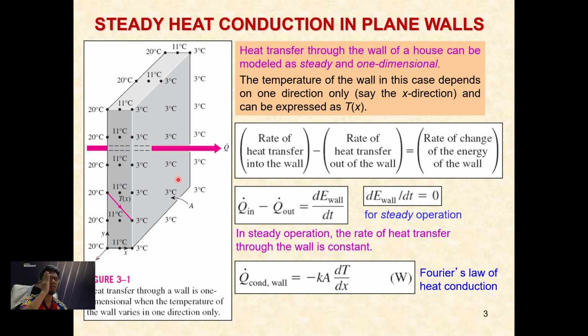Did you notice that it is evenly distributed? The temperature is distributed evenly at the surface of the wall. If it is 20 degrees at the top, it is also 20 degrees at the bottom, and 20 degrees at the far end. Same goes with this side of the wall surface. If it is 3 degrees at the top and 3 degrees at the bottom, so the temperature is well distributed.